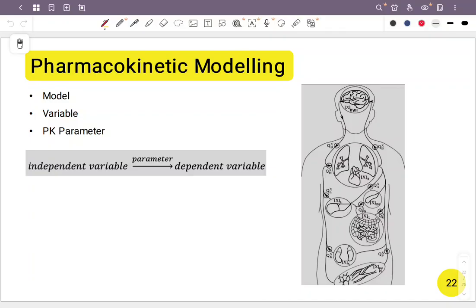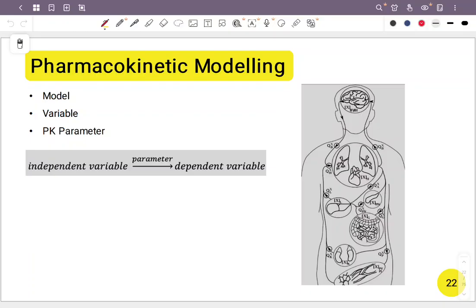Now, our pharmacokinetic model is a hypothesis expressed in mathematical terms that describes how variables like drug change over time, or drug concentration change over time. Then take note of our key definitions or terms here.